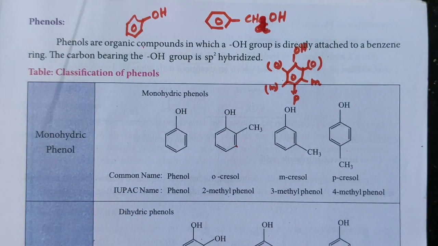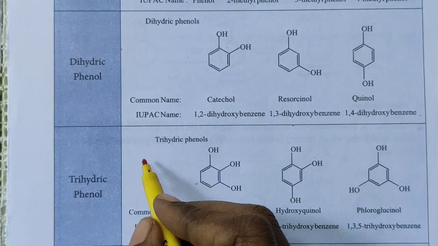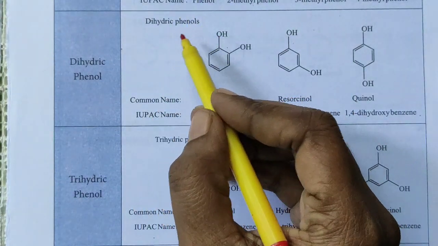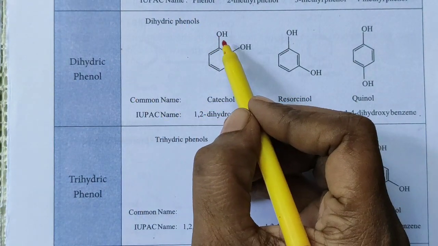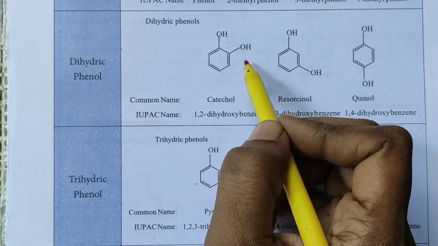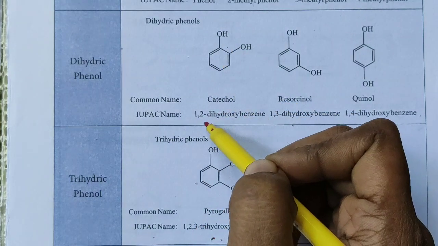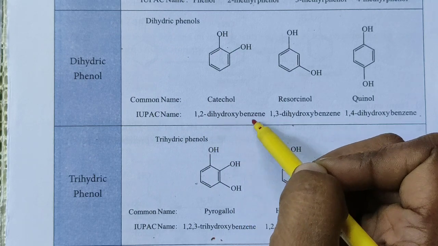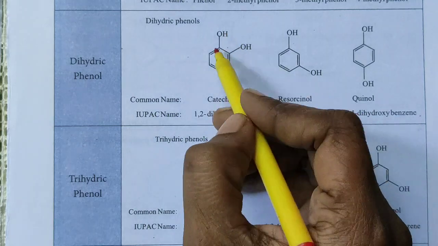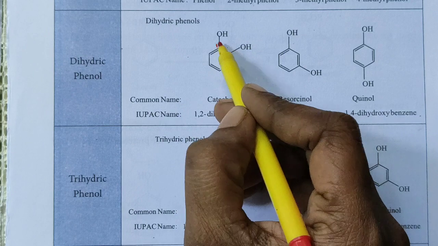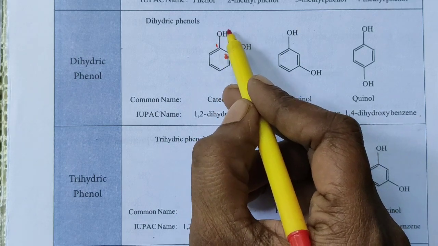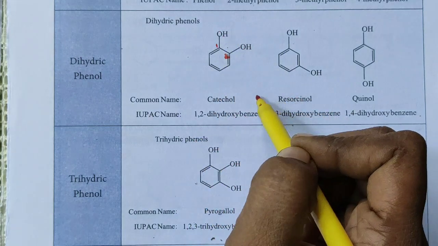Next one is dihydric phenol. Dihydric means the phenol has two OH groups, isn't it? So the example is 1,2-dihydroxybenzene. Positions 1 and 2 contain the two OH groups, therefore 1,2-dihydroxybenzene.